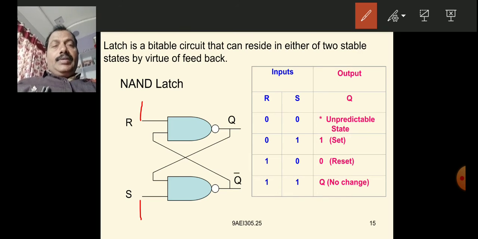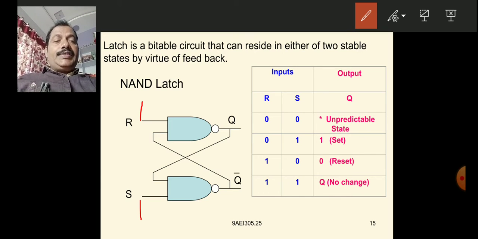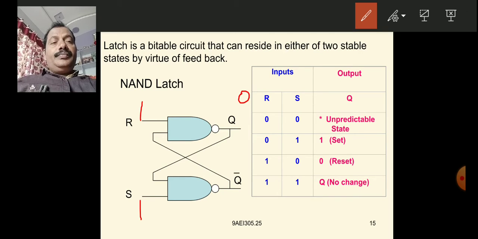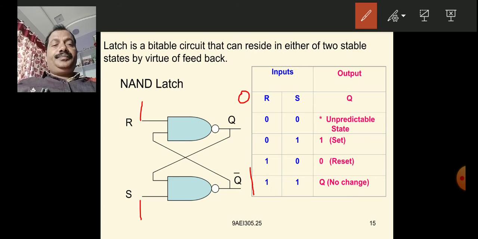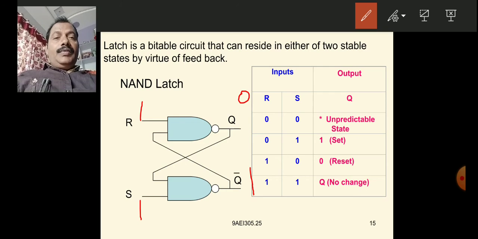But you remember that, for example, let us assume the latch is in the state of 0. Let us assume Q equals 0, Q bar equals 1. Why? We are assuming that the latch was in the previous state. The previous state was 0, that is the reset state.